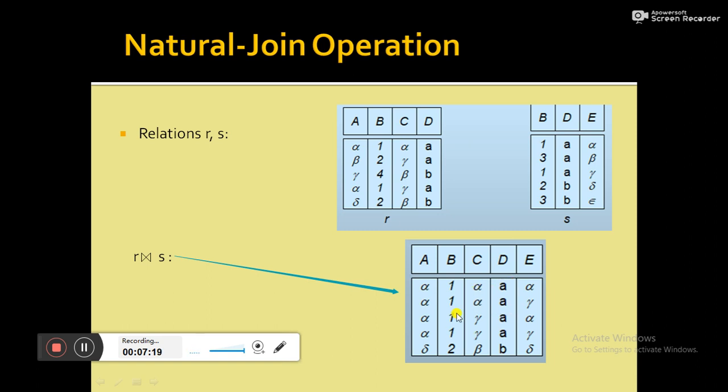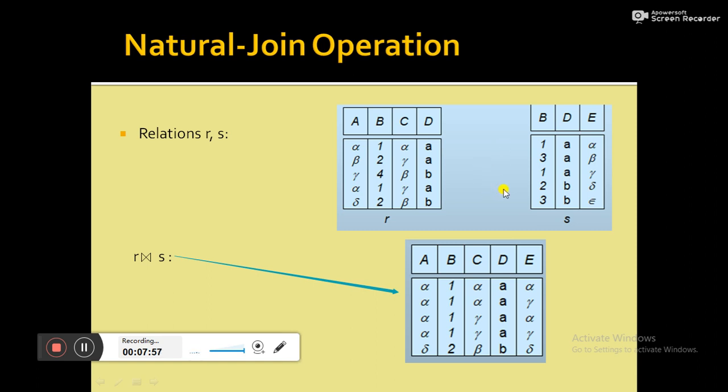Next, what about the records, the tuples, of that resultant relation? First, as I have mentioned, this operation first performs the Cartesian product between R and S. Cartesian product means each record of R is going to be associated with every record of S. So the first record will be associated with every record of S. The second record is also going to be associated with every record of S. That is how Cartesian product happens.